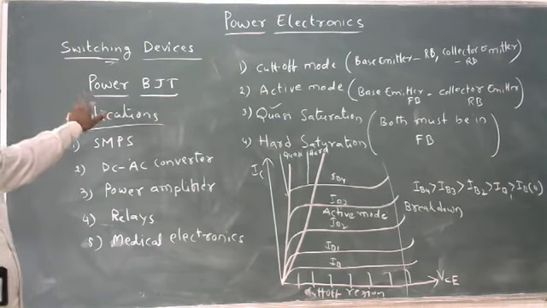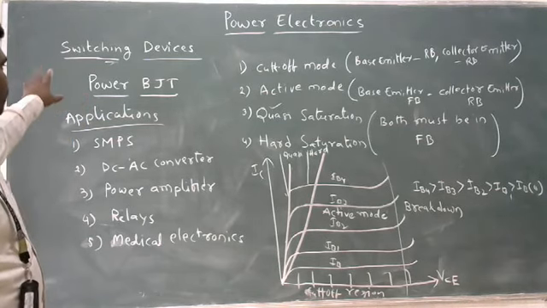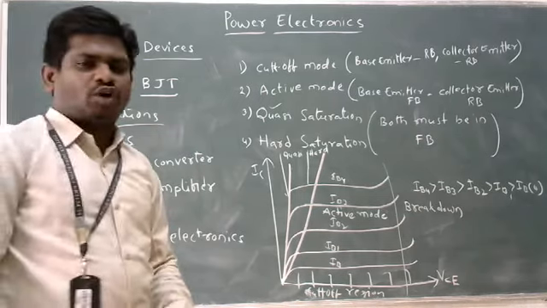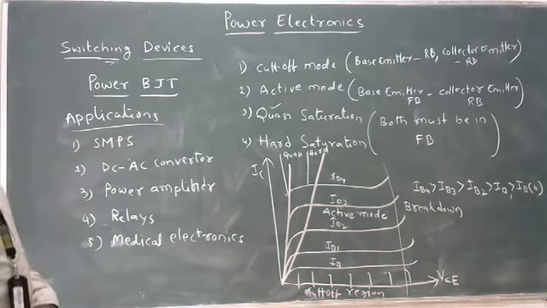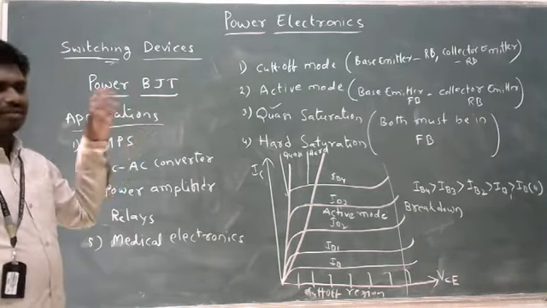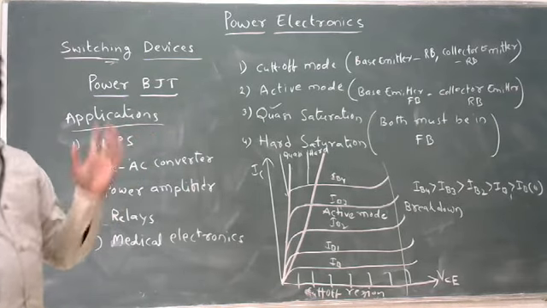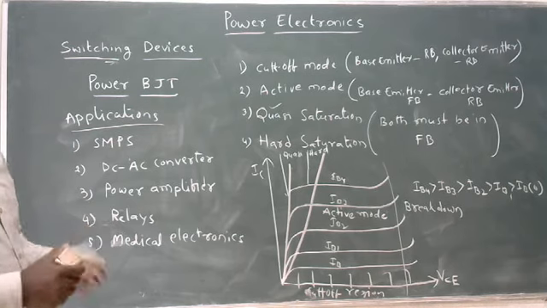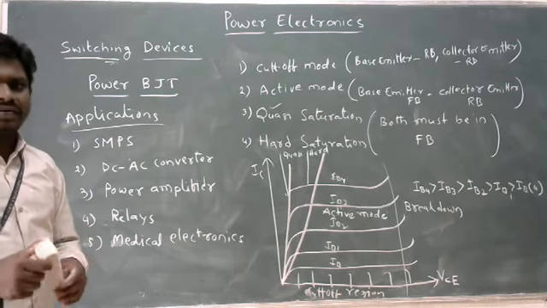So I am concluding here regarding this power BJT. We have seen the basics of power BJT. Then we have seen the symbol, the structure, and the structural difference between the normal BJT and the power BJT. As I said, it's a vertically oriented structure.